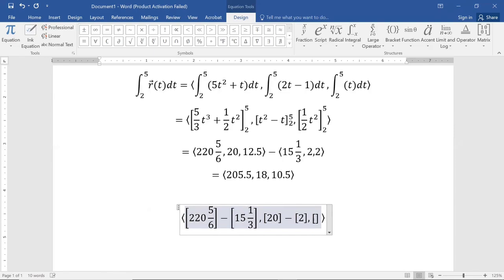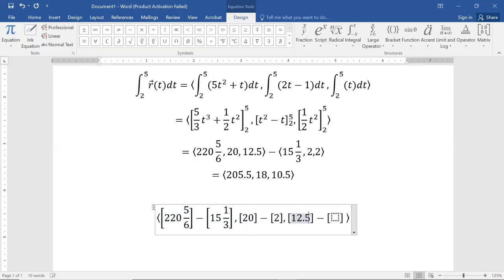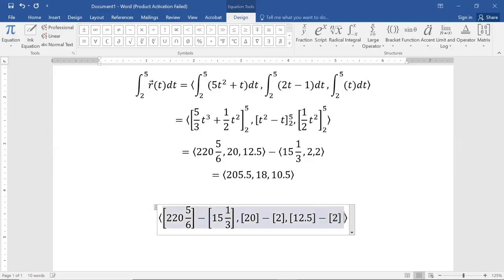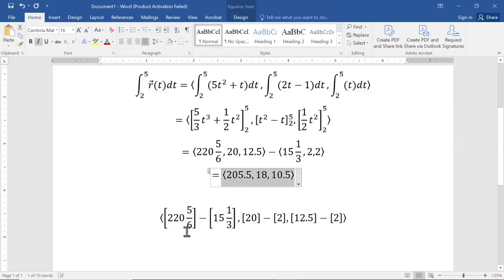Plug in 5 minus what you get when you plug in 2. Notice that's going to give you the exact same vector value as we got here. So some people like to write this step this way.